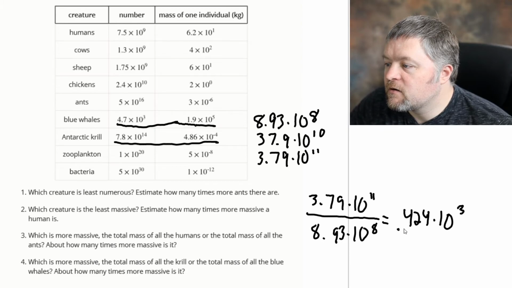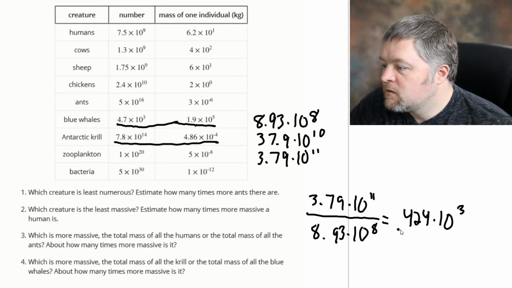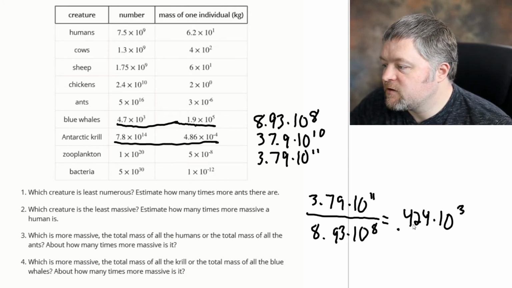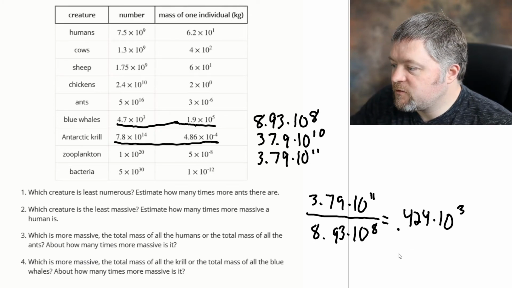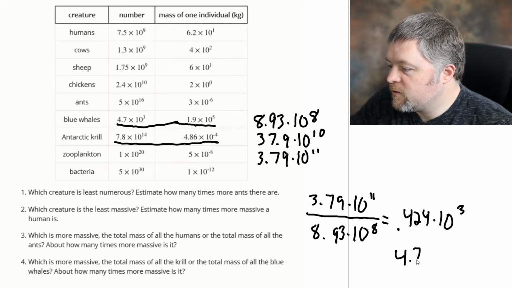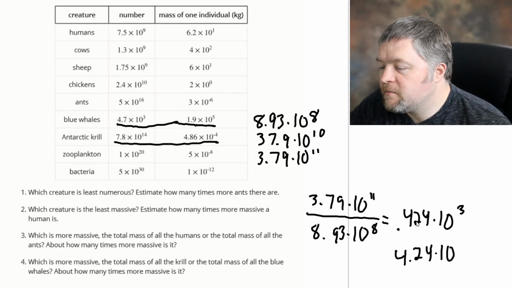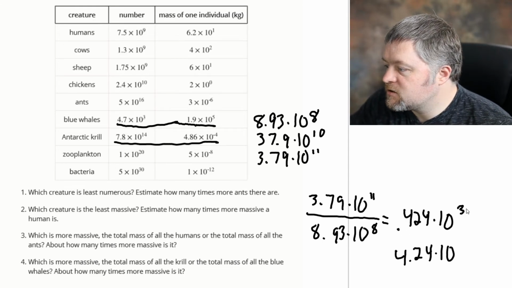Now our number is not currently in proper scientific notation. We need one digit in front of the decimal point. So that should be 4.24 times 10 to the power of, well, we moved it backwards one spot, so we want to subtract 1 from that.